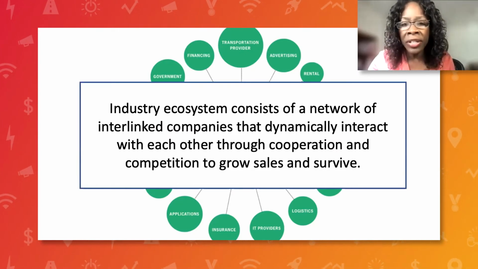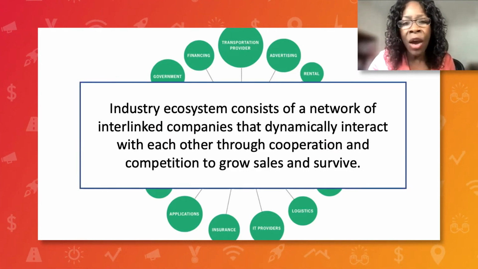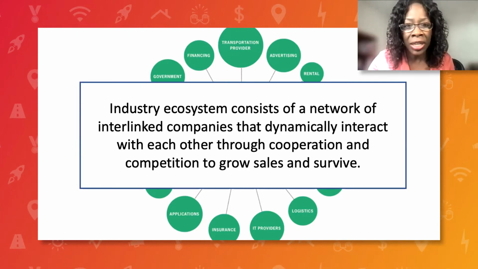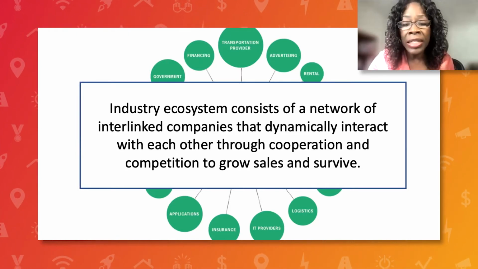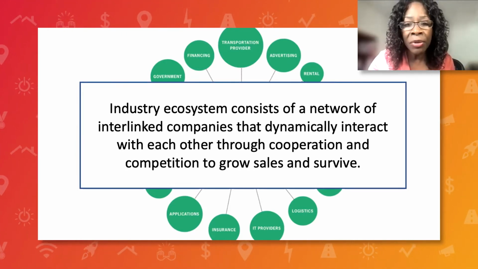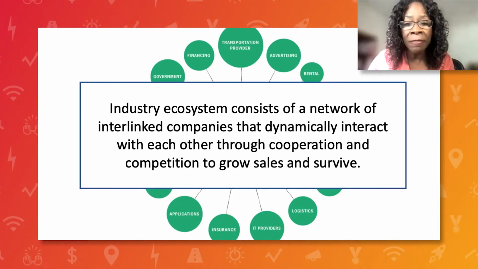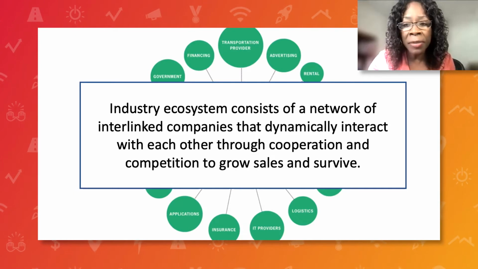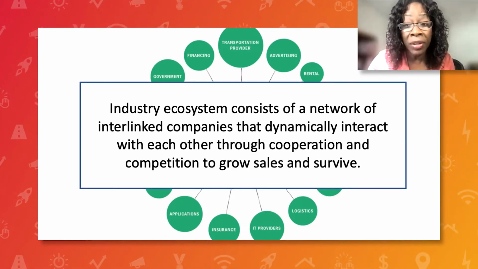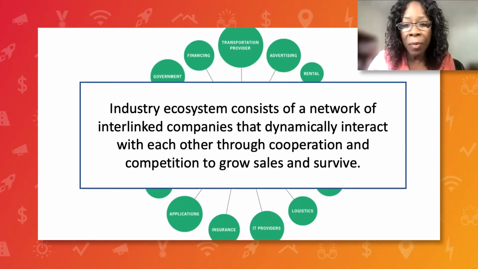An industry ecosystem is the network of organizations, including suppliers, distributors, customers, competitors, government agencies, and so on, involved in the delivery of a specific product or service through both competition and cooperation.